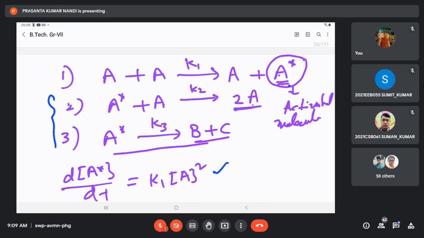So A plus A to A plus A star means, suppose in a closed container you take a gaseous reactant species A, and two molecules will collide. After collision, one of the molecules gets energized, so it is written as A plus A star. It is an activated molecule.